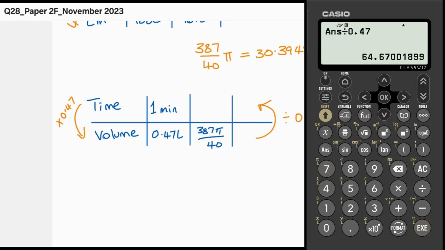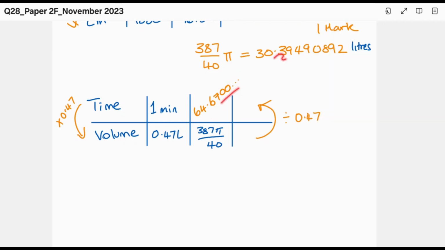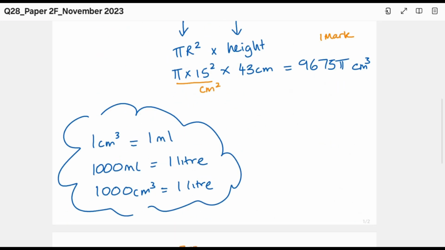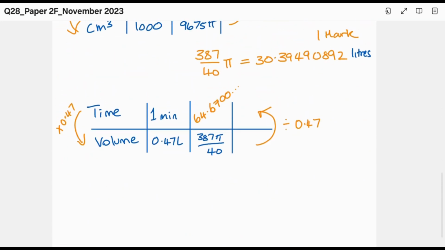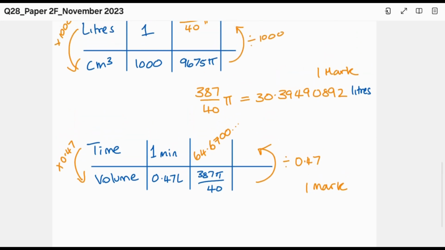And that's giving an answer of 64.6700 and so on. So these 3 dots mean that, yes, I know that there are more digits, but I've decided to stop here. Now, if you got to this section here, you've just got yourself another mark. So this is another mark for working out the time it will take to fill in our cylinder with water.